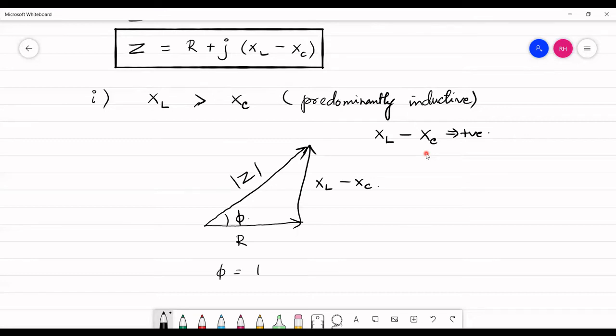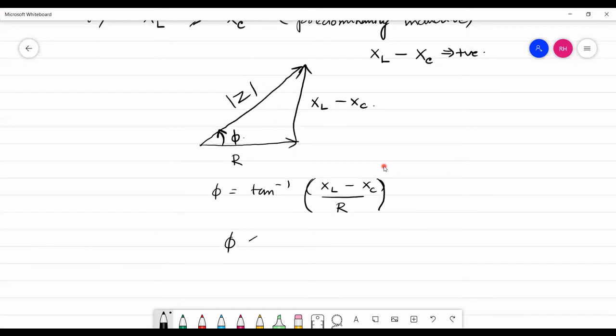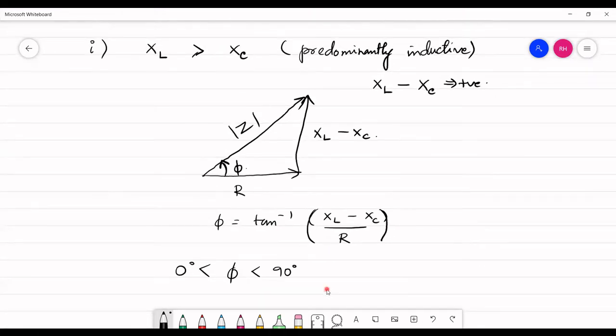So phi is equal to tan inverse of (XL minus XC) divided by R. And we know the value of phi could range from 0 to plus 90 degree. So phi ranges from 0 to 90 degree. And this is a case.